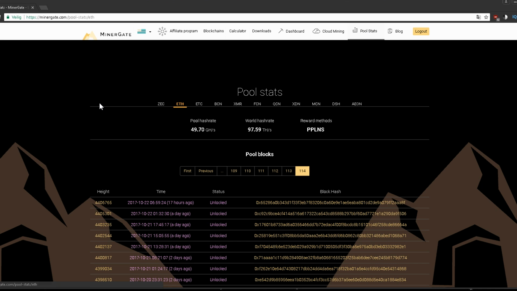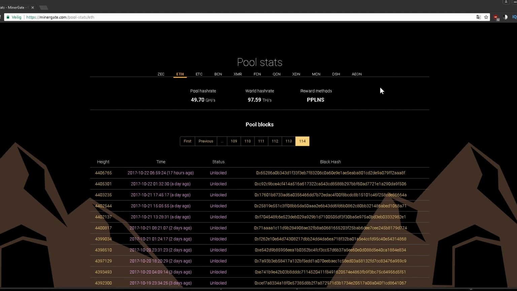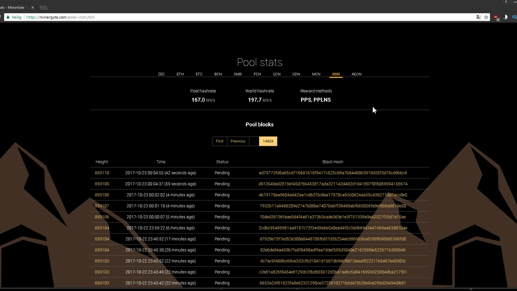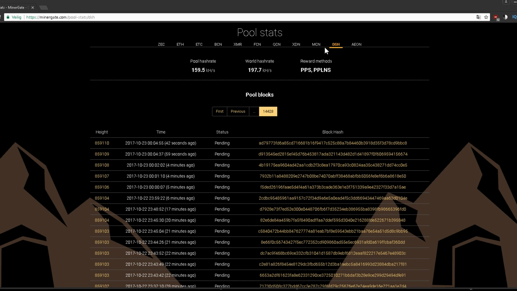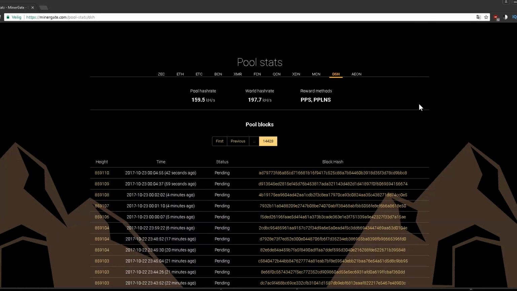Pool stats. Now I've shown you what pool stats do, and for instance, actually I don't know if Dash, it might not be a dead coin, but it's not digital cash. DSH is another coin than Dash.